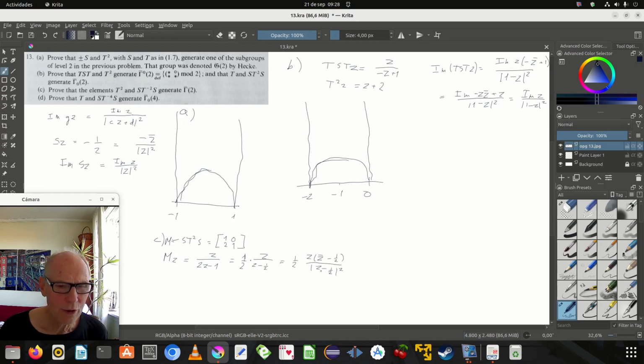I don't really know this. I believe we should get Z plus a half. Well, let's see what we get. Imaginary part of M Z equals 1/2.